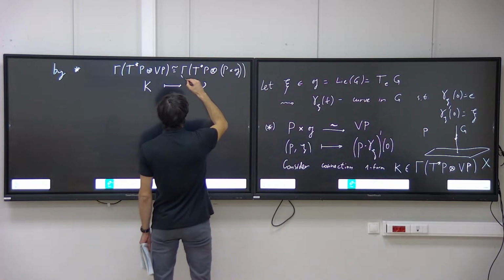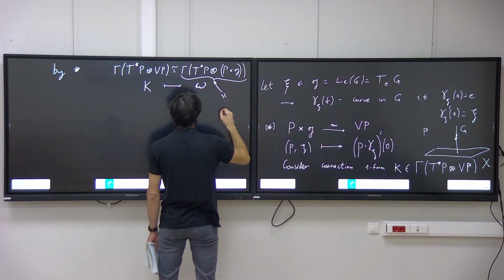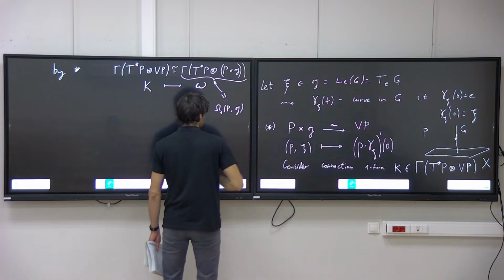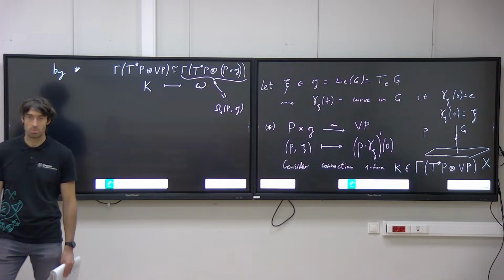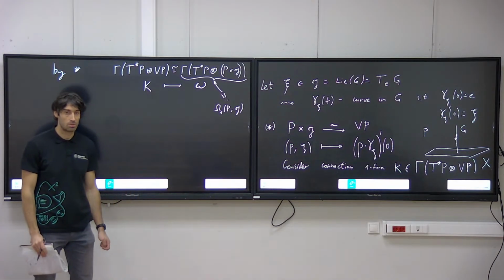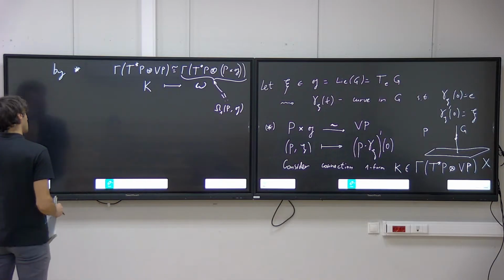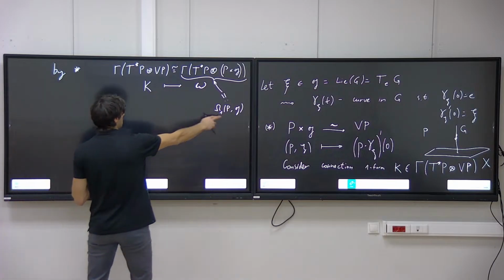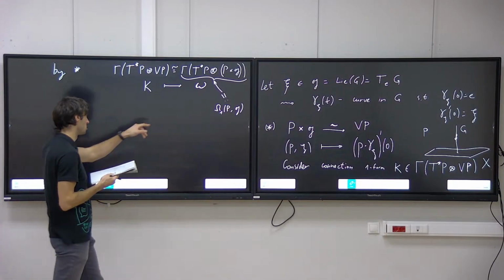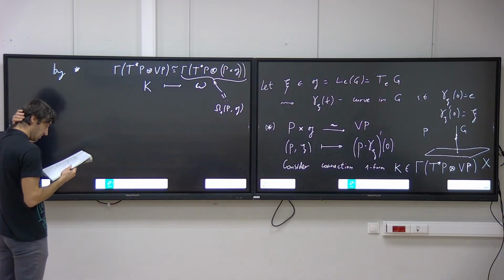And so the notation for this will be omega 1 of P with values in G. So when I say one form with values in G, I mean a section of this vector bundle over P. Okay. So omega is an element in here, omega in capital Omega 1 G.